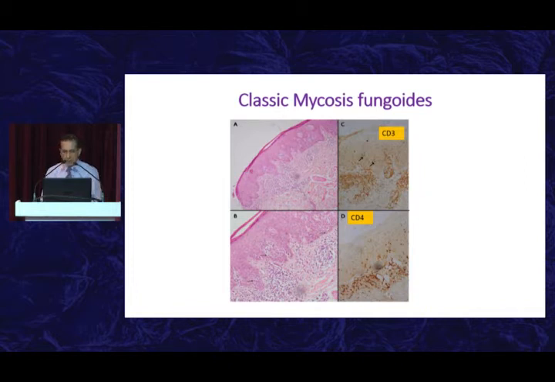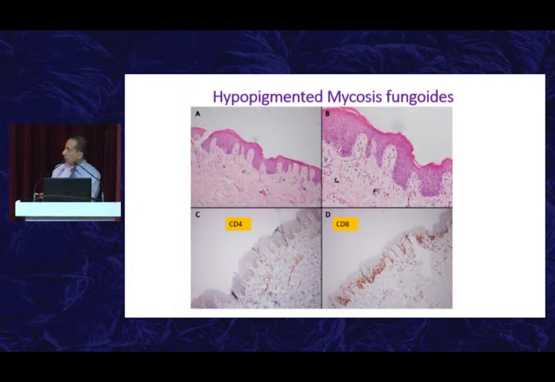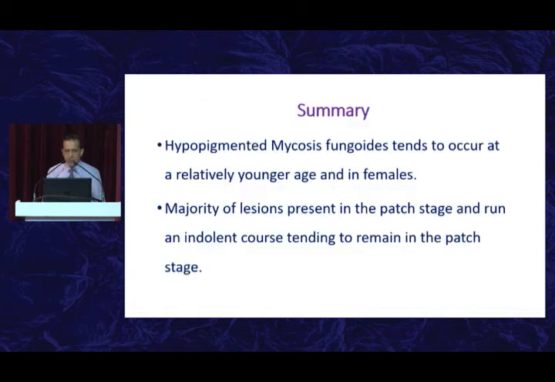If you look at this, there is quite an amount of lymphocytes in the dermis as well. That's the classic type. If you take the hypopigmented type, hardly any infiltrate here. None of the cells in the dermoepidermal junction are CD4 positive, but you can see how they light up with the CD8 stain.